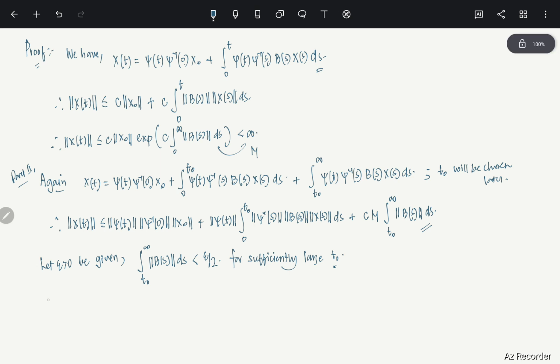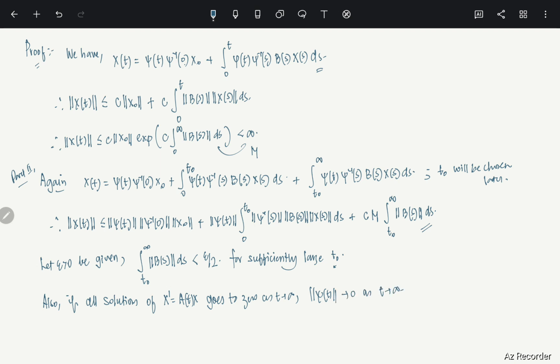Okay. Now see that also, if all solutions of x prime equals A(t) times x go to 0 as t tends to infinity, then this is trivial, right? Norm of phi t goes to 0 as t tends to infinity.